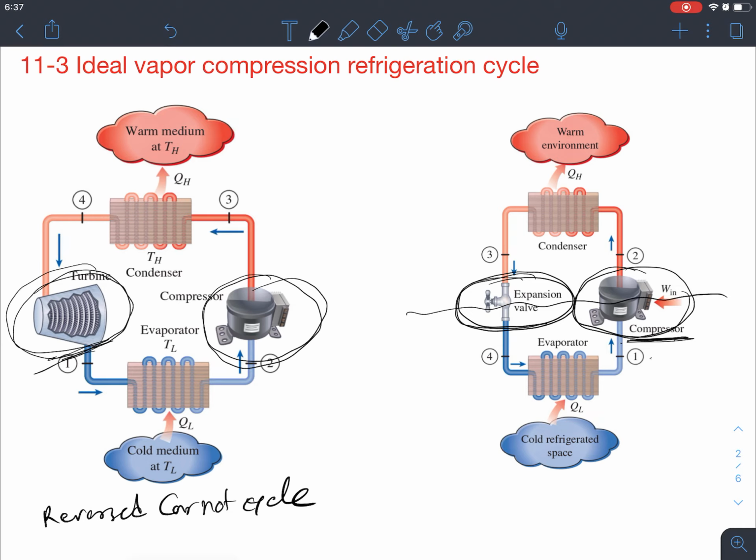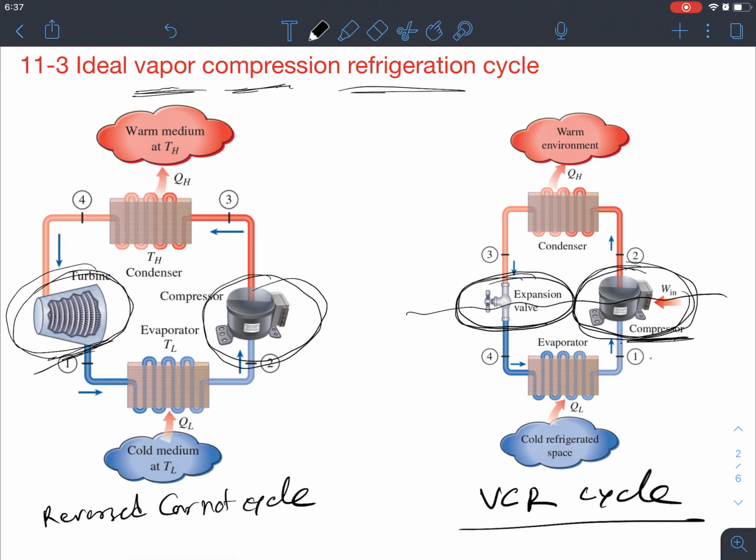One is liquid, another is vapor, right? However, we are compressing the vapor here, so according to that process, the cycle name is vapor compression refrigeration cycle. So in upcoming classes, we'll use the VCR, vapor compression refrigeration cycle.